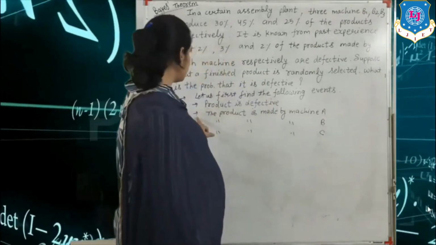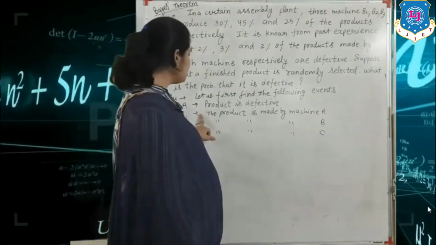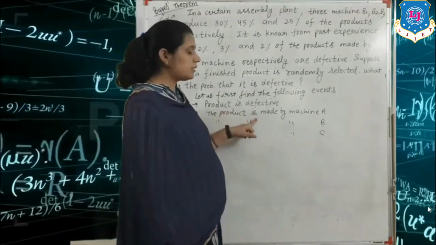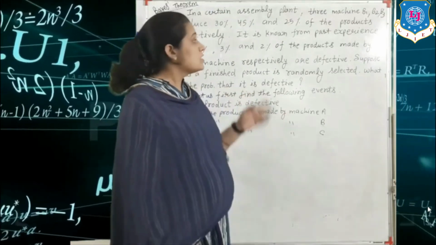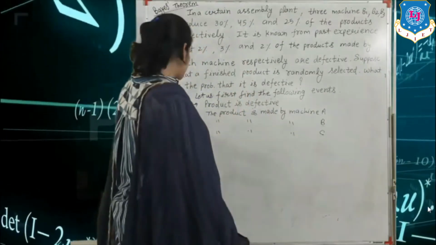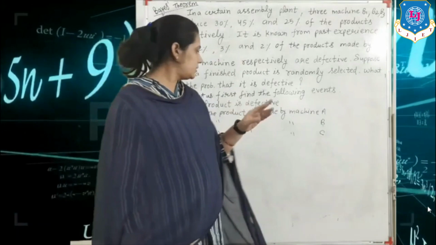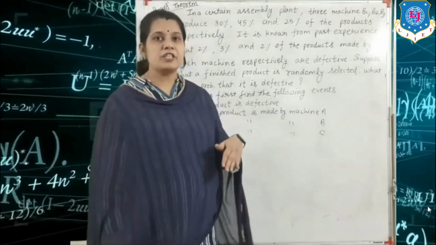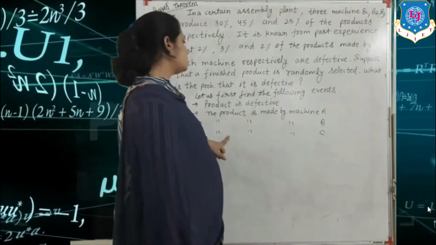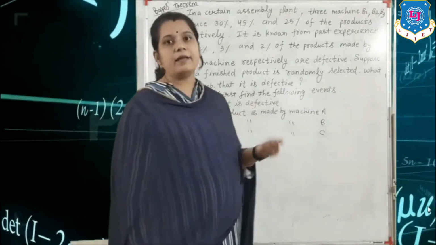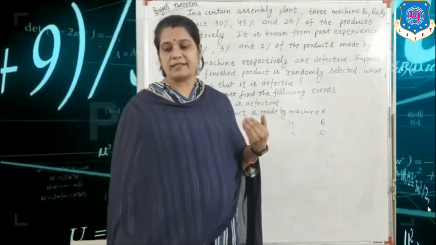Next is B1: we consider the product is made by machine B1. We have three machines, so B2 is the product made by machine B2, and B3 is the product made by machine B3.